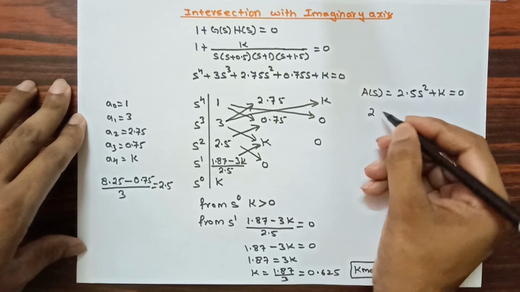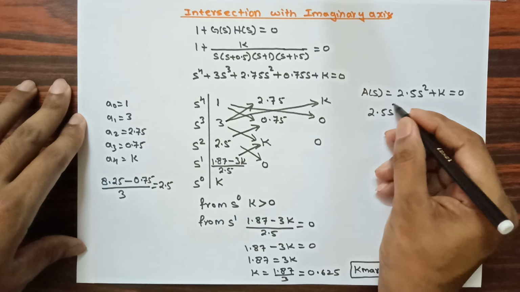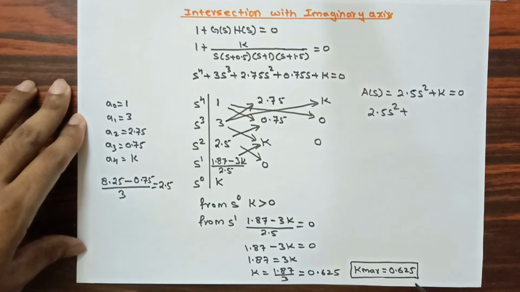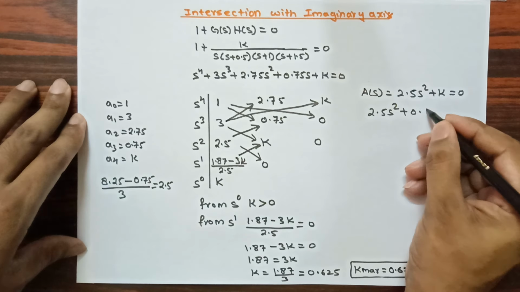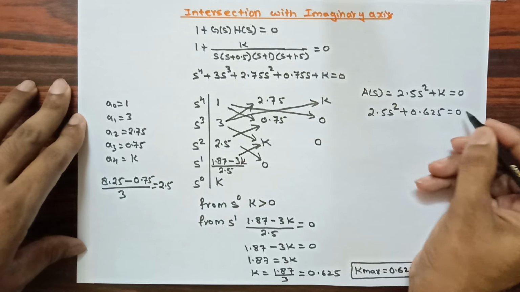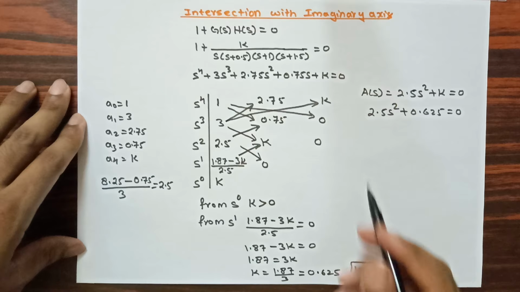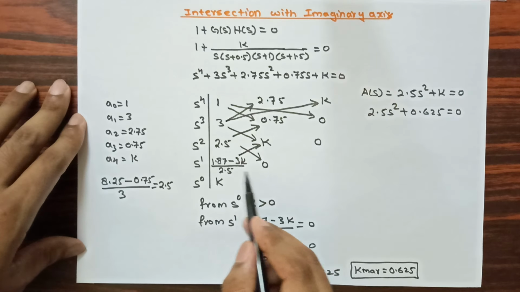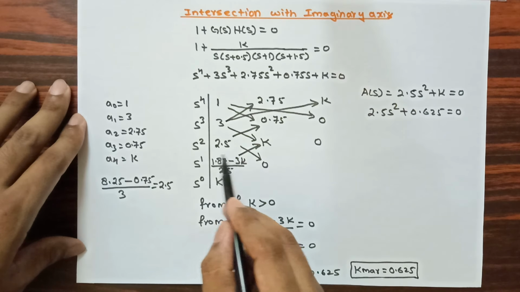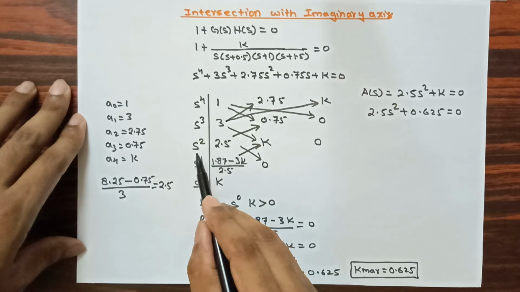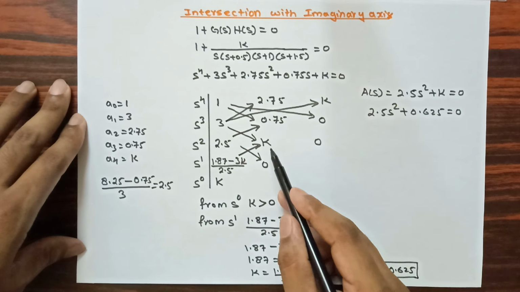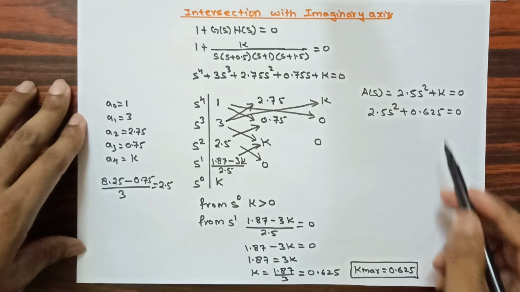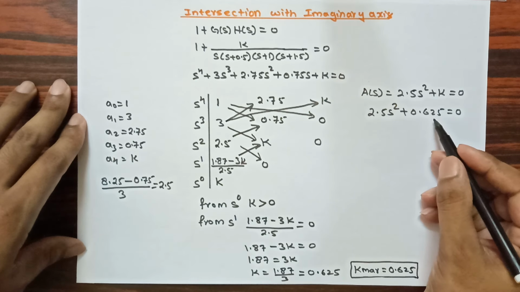By substituting the k value in this, 2.5 s square plus 0.625 is equal to 0. So you can see here I have considered the row above the complete 0 row as an auxiliary equation, that is 2.5 s square plus k is equal to 0, and I have substituted the k value in this equation.